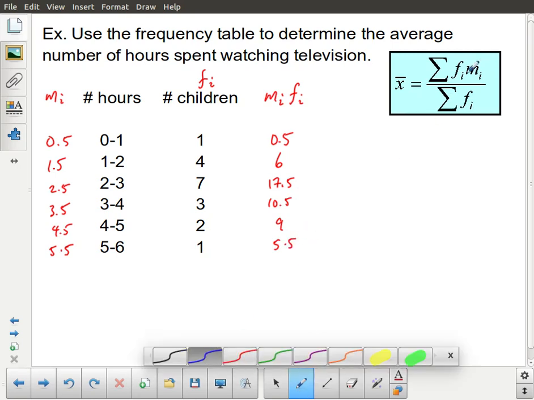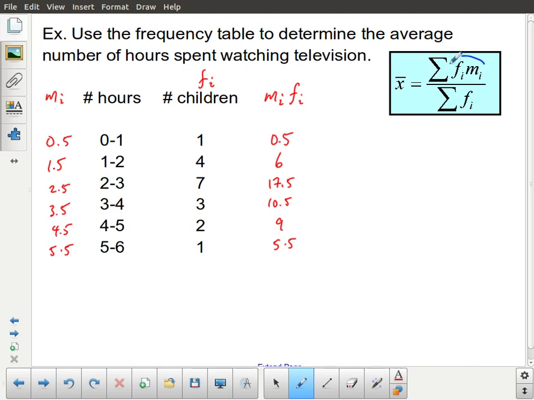Now, from there, we have to add up all of those FIMIs. So I can go to the bottom here and just add these up, and that shouldn't be too onerous a task. I normally like to start with my larger values first and get them out of the way. So I've got 17.5, which becomes 18, which becomes 28.